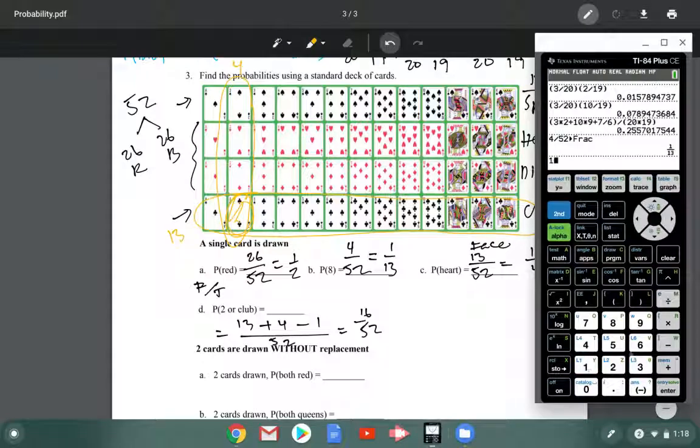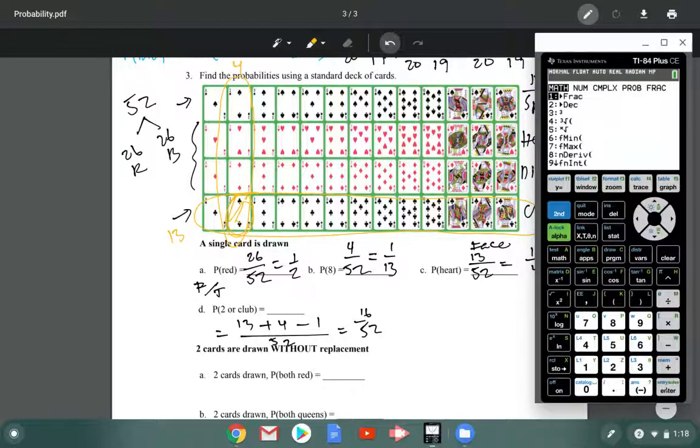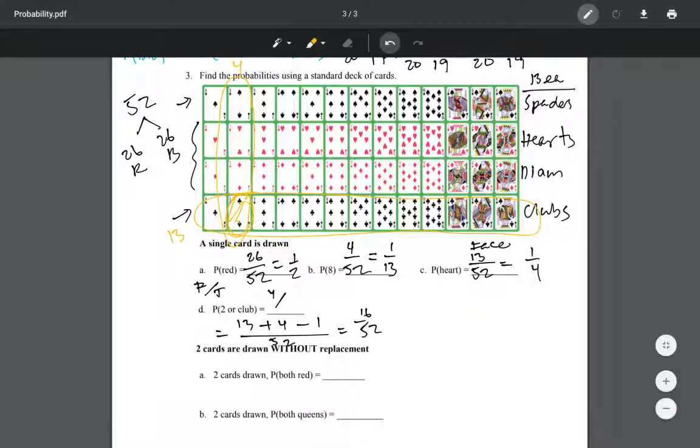Let's let the calculator reduce that for us. Math, convert to fraction, 4/13. And if I do this as a decimal as well, we get 30.8%, 4/13. Okay, so there's that one.